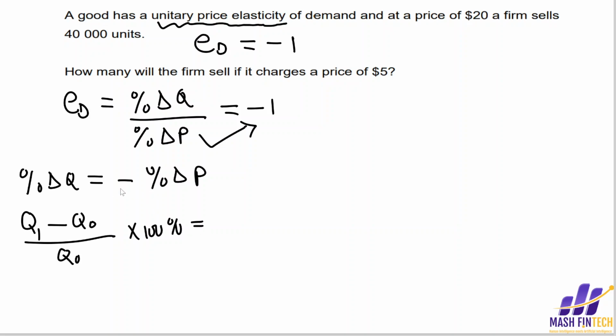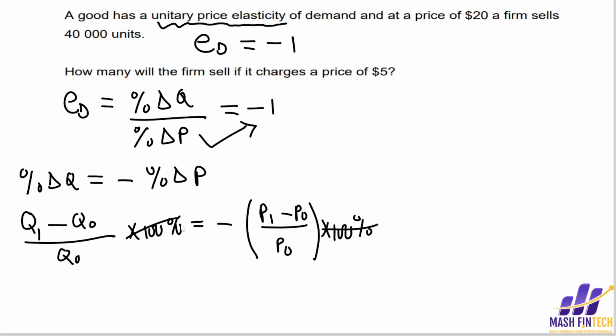That's the same thing we do here: minus the new price minus the old price divided by the old price times 100%. To simplify things, we can cancel out the percentages. The reason we have a minus here is because unitary elastic means -1.